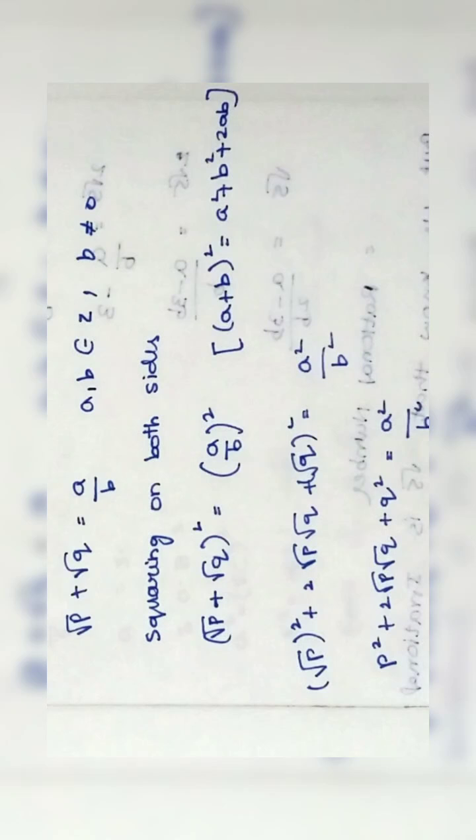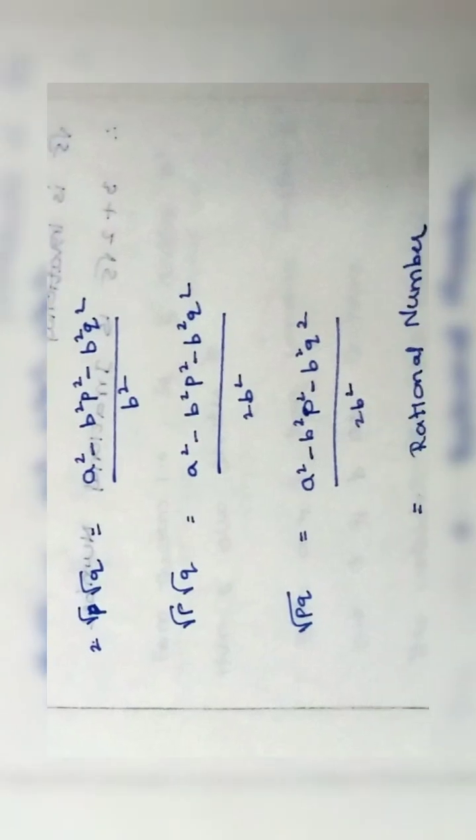So root p whole square plus 2 root p into root q plus root q whole square is equal to a square by b square. So p plus 2 root p into root q plus q is equal to a square by b square. 2 root p root q is equal to a square by b square minus p minus q, which is a square minus b square p minus b square q by b square.